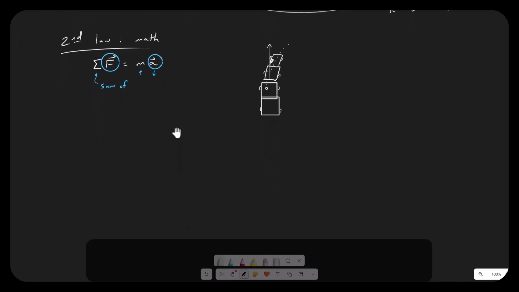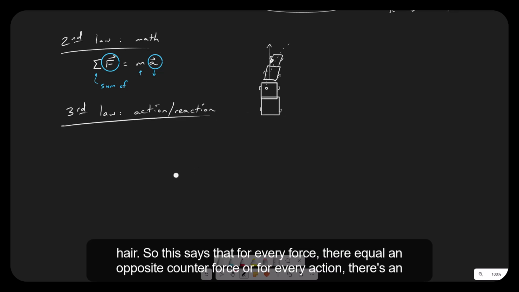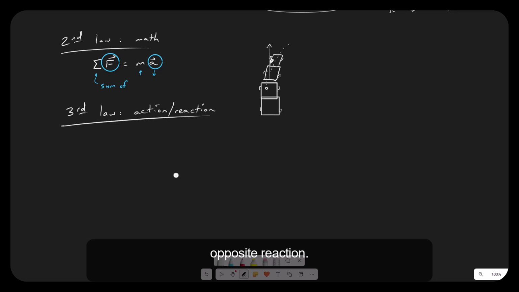Newton's third law, this is the last one. This is the action-reaction pair. This says that for every force, there's an equal and opposite counterforce, or for every action, there's an equal and opposite reaction.